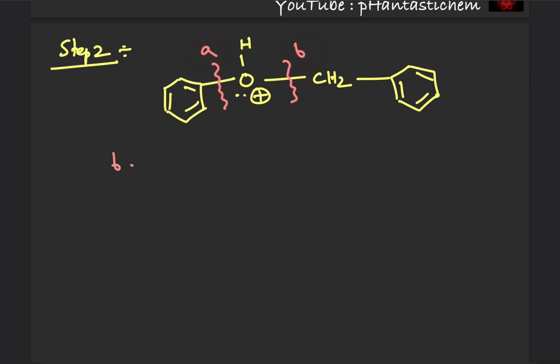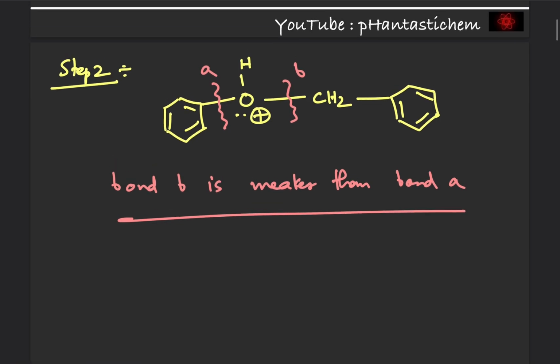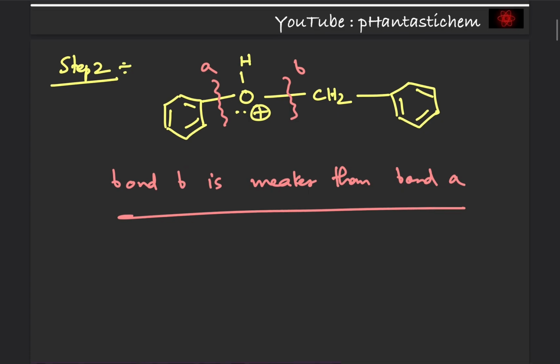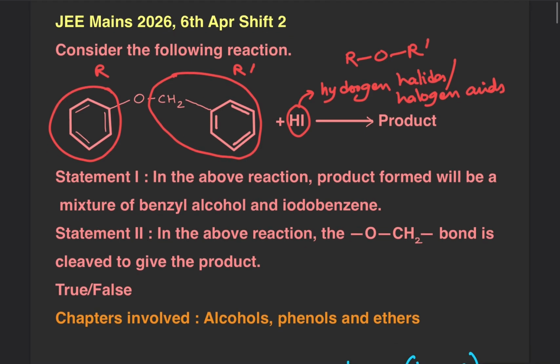So B is weaker than A. Important point: bond B is weaker than bond A, because bond A has some partial double bond character. If you remember, this is our starting ether.